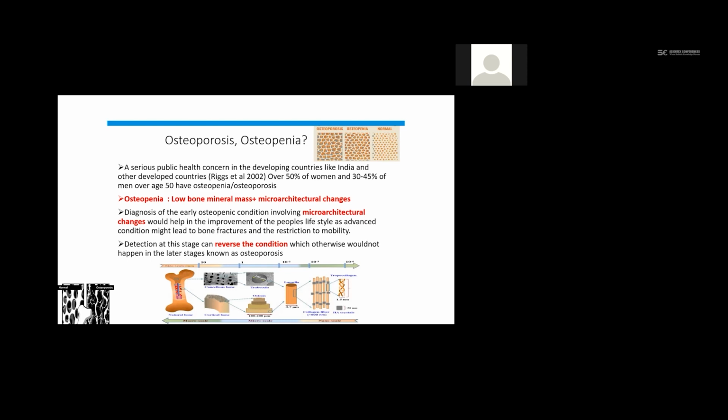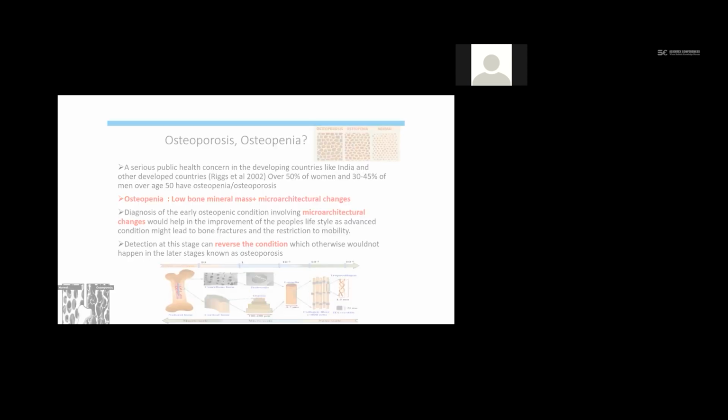If at that particular stage we are able to detect that loss, if not in terms of density then in terms of structure, it would be really helpful for us to reverse that condition. Otherwise, we know that this condition can only be prevented, but diagnosis at the early stages might be beneficial in this pathological condition.